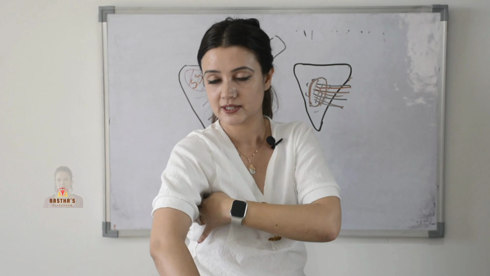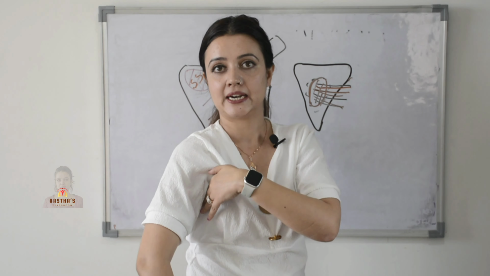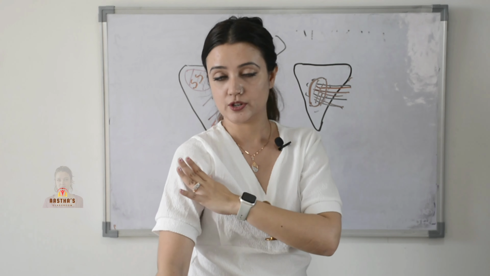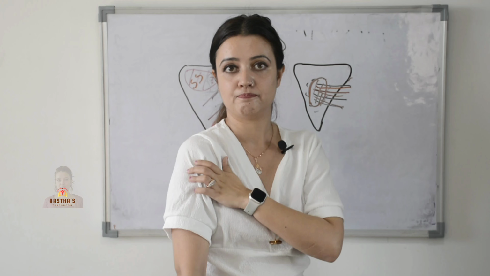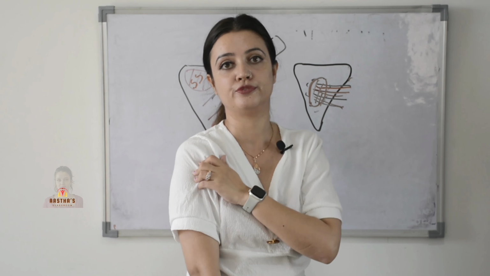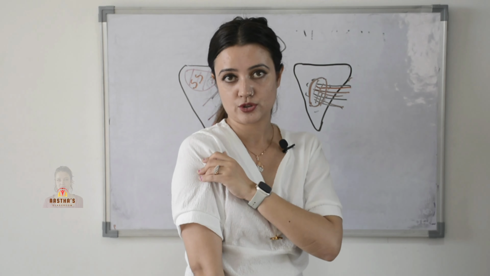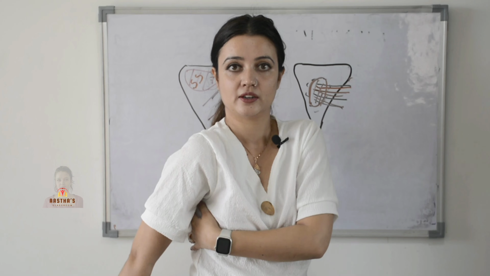And since the muscle is coming from the axilla or the armpit, and it comes medially and anteriorly to the humerus, this muscle also causes medial rotation of the shoulder joint. So it causes medial rotation of the shoulder joint, and it causes extension of the humerus.